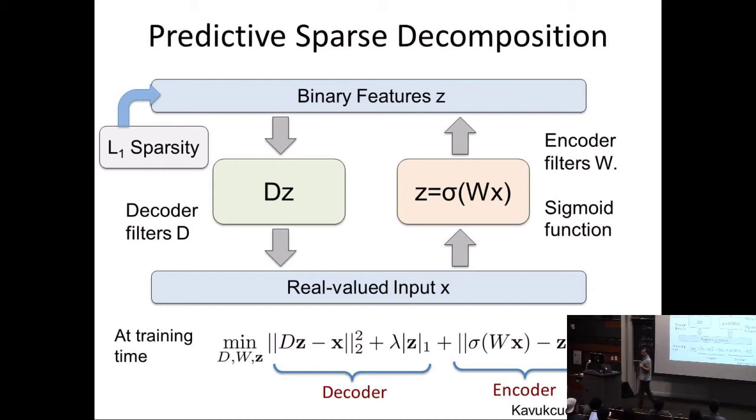You can also use it to warm start if you really want to solve the sparse coding problem. You can use this to get a rough estimate of Z, because that's what you're optimizing over, and then solve the lasso. And they formed it as one big optimization problem. Basically, given Z, these two problems are separate. This is the encoder, this is the decoder.